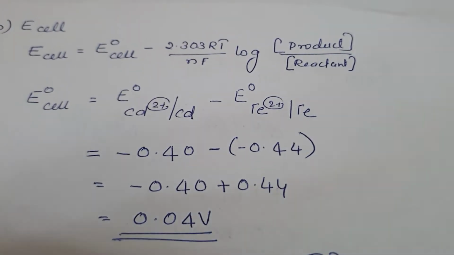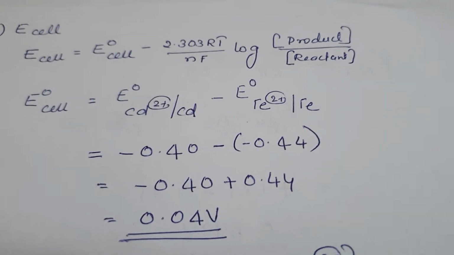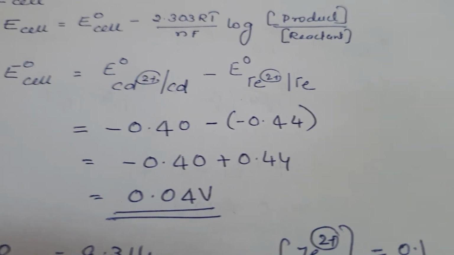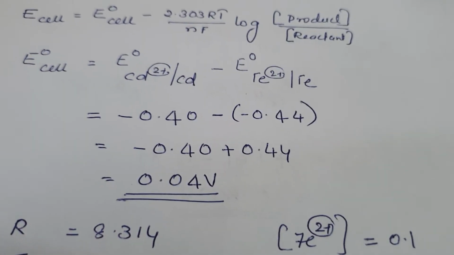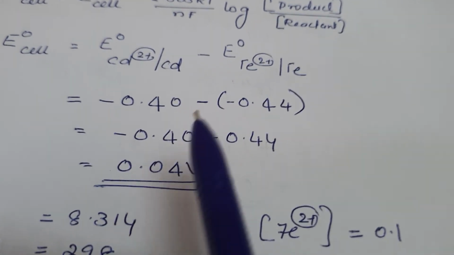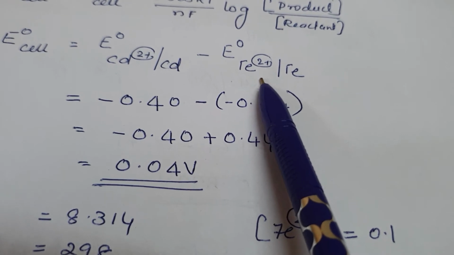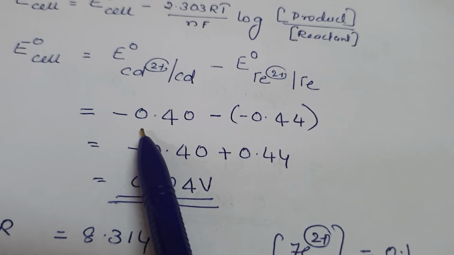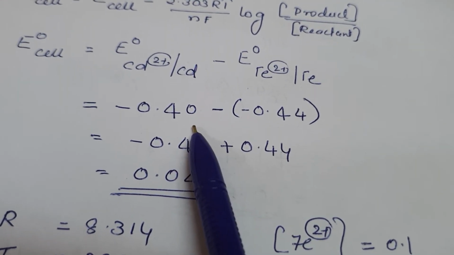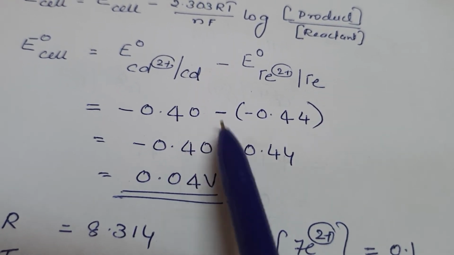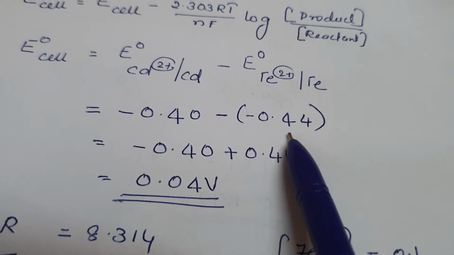First we will calculate E naught cell. E naught cell is equal to E naught RH minus E naught OH. RH is cadmium and OH is iron. So we have to substitute the electrode potential value of cadmium and electrode potential value of iron. It is given as negative 0.40 and negative 0.44. So negative 0.40 minus of negative 0.44.